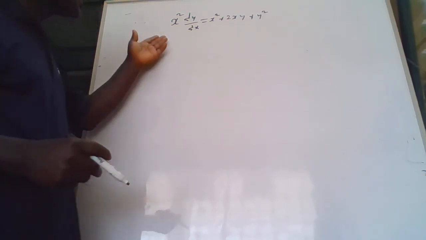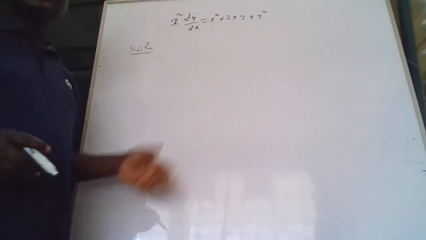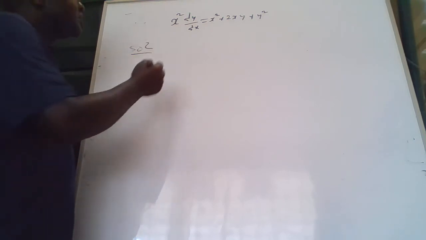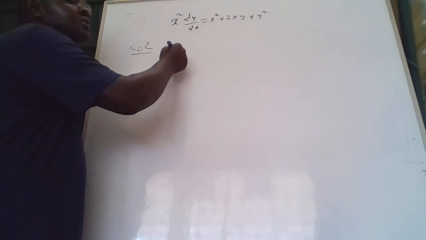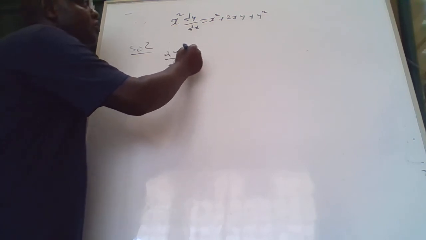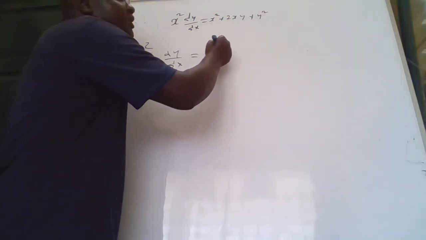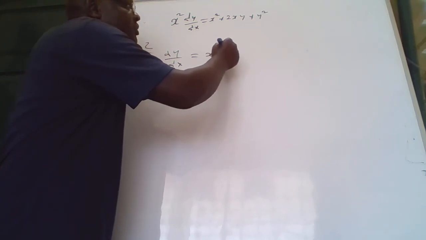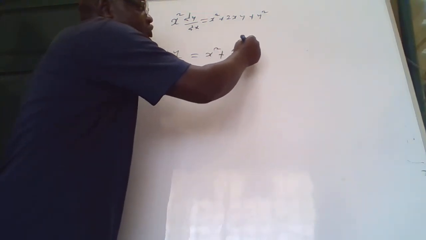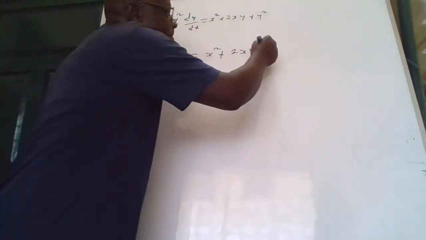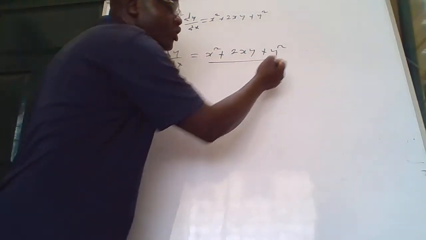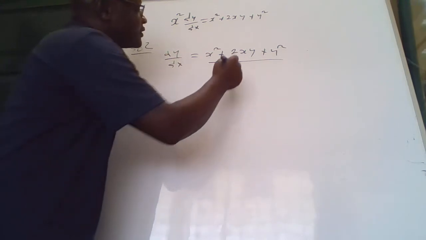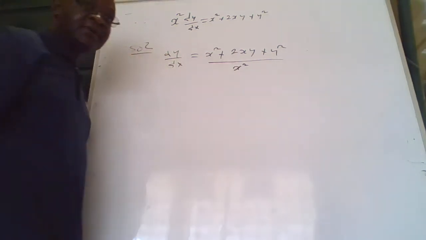Solution. Now, we shall divide through this equation by x squared so that we remain with dy dx equals x squared plus 2xy plus y squared, all over x squared.